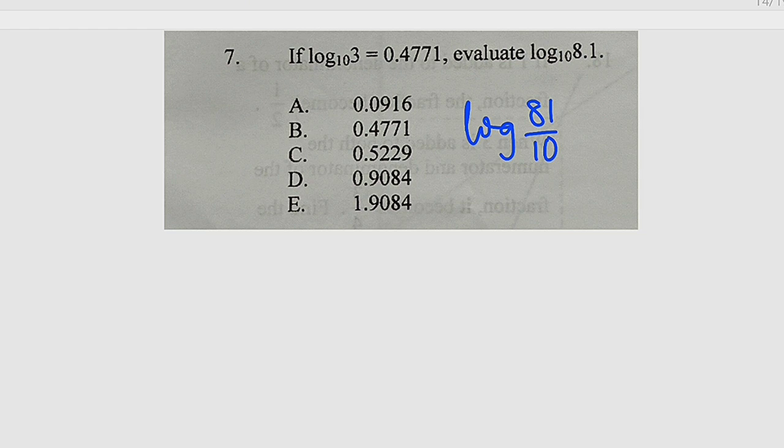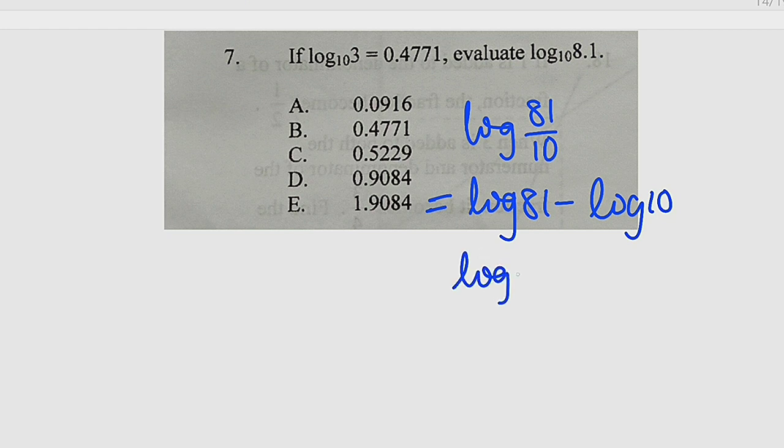And you should know that according to one of the laws of logarithm, we can split this into log of 81 minus log of 10. So this is equal to log of 81 minus log of 10. But 81 is the same thing as 3 raised to the power of 4, because they want us to solve this problem without using a calculator.